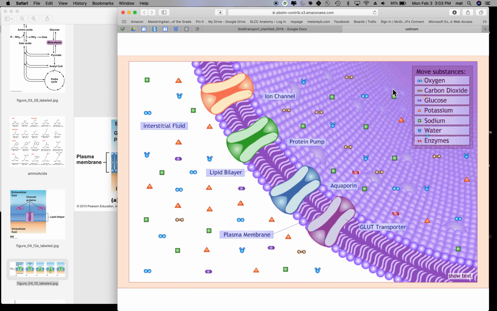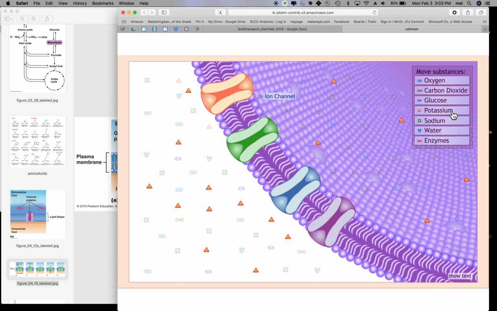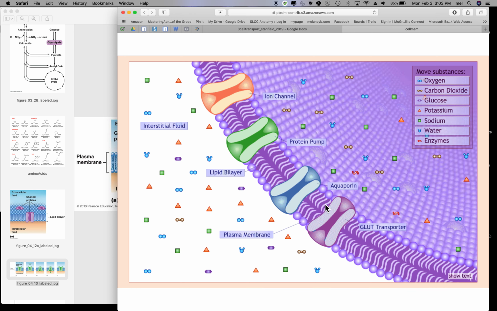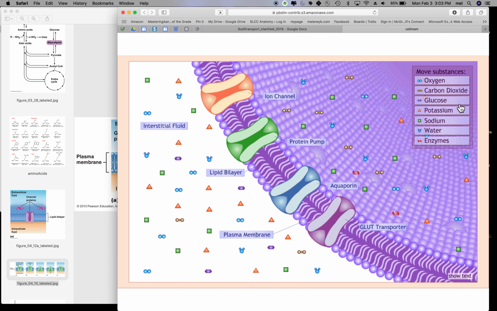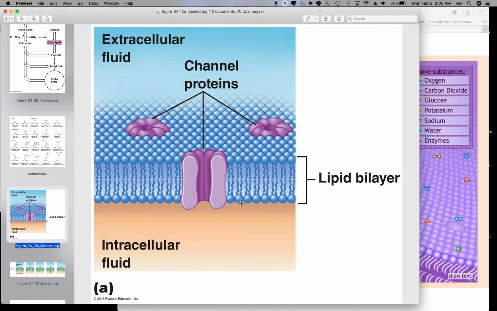And then what about comparing this ion channel where potassium diffuses to this glucose carrier? I want you to think about which of those is going to be fastest. They are both free, no ATP required, as long as the concentration gradient favors them going in that direction. This is a channel and you can diffuse straight through it down your concentration gradient.